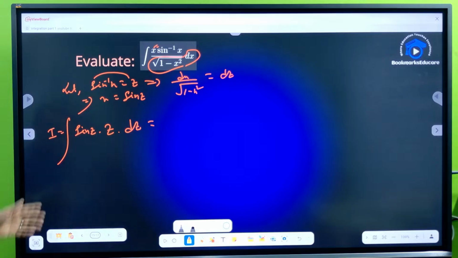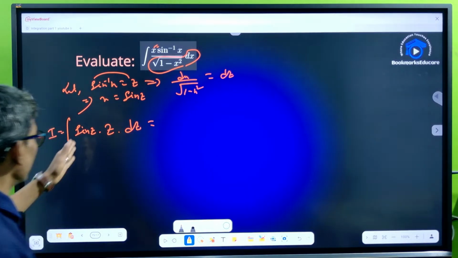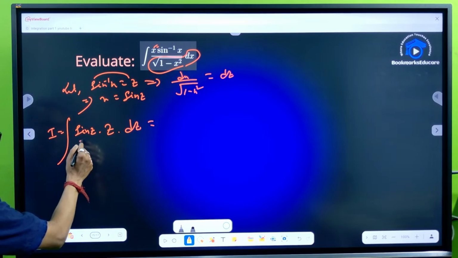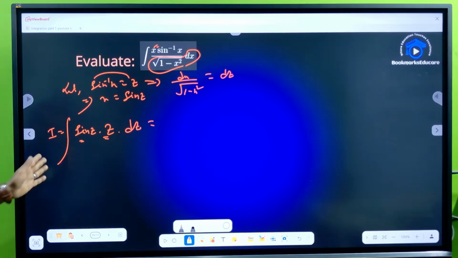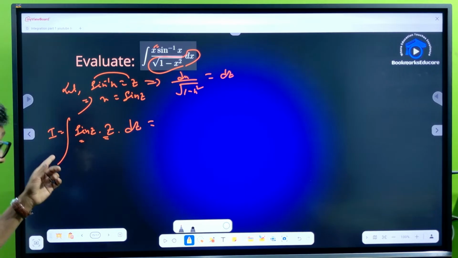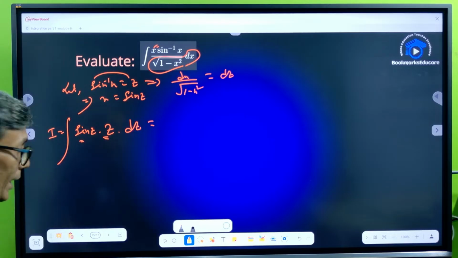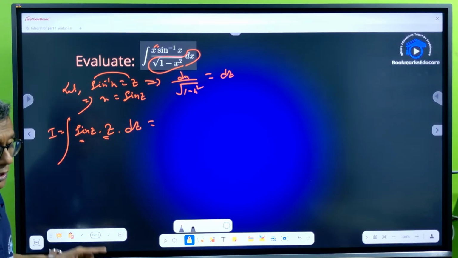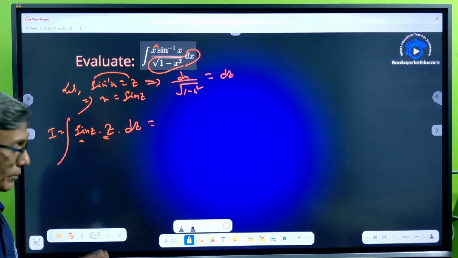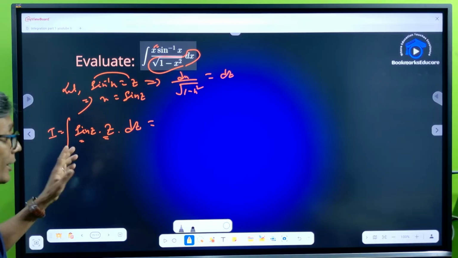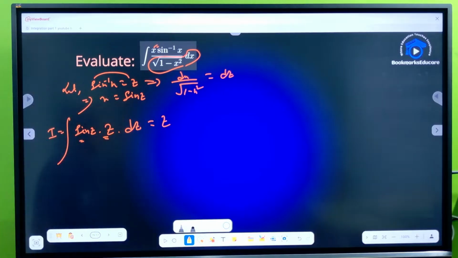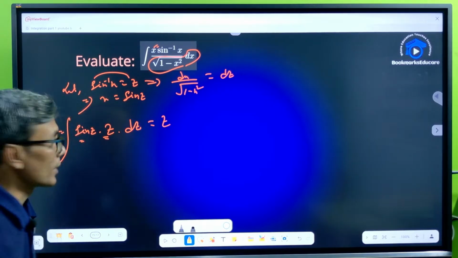Now applying method of by parts, according to LIATE. Here there is a trigonometric function and an algebraic function. In LIATE, after A comes T, meaning the algebraic function comes before the trigonometric function. So we have to take the first function as the algebraic function, so z is taken as first function according to LIATE.